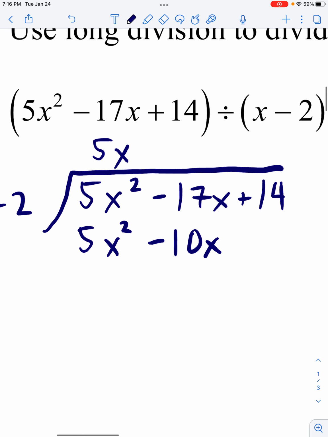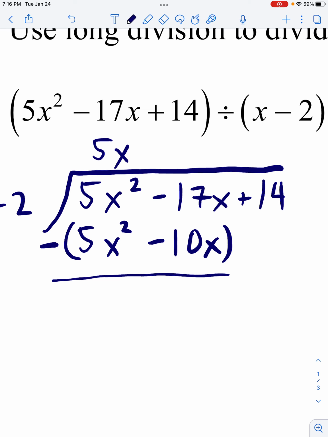Now what do you think we do? We subtract them. I'm going to subtract those two terms I just wrote down from the two terms right above it. So we're doing 5x squared minus 17x minus 5x squared minus 10x. What I like to do is distribute this negative and change it into an addition.